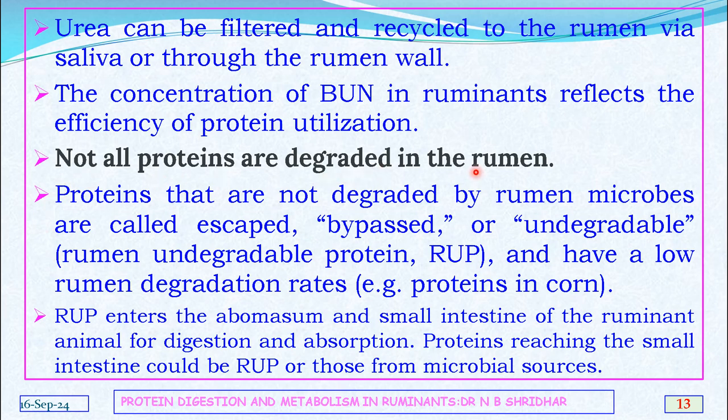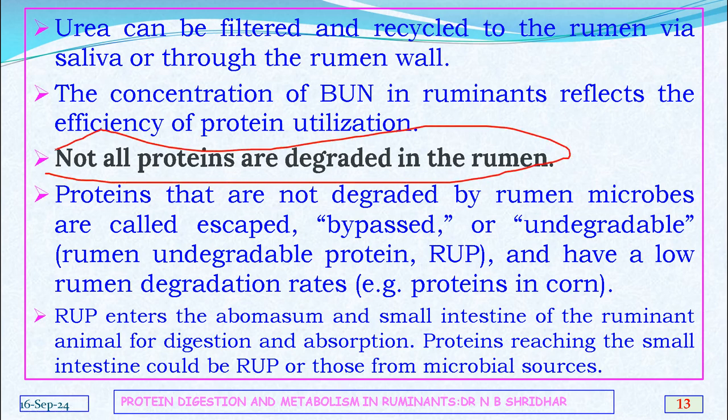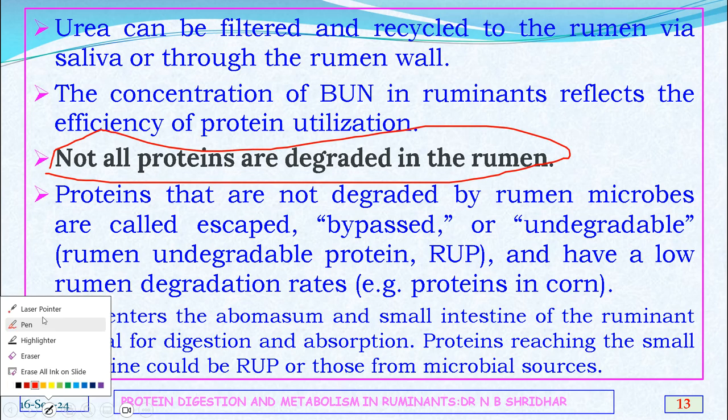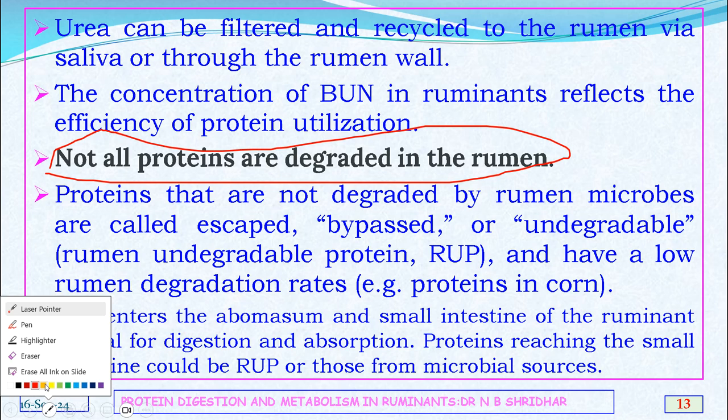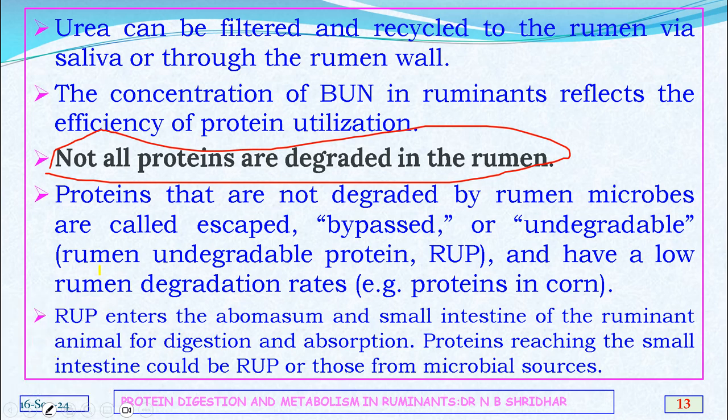But one thing one needs to remember is that not all proteins are degraded in the rumen. Proteins that are not degraded by the rumen microbes are called bypass proteins.